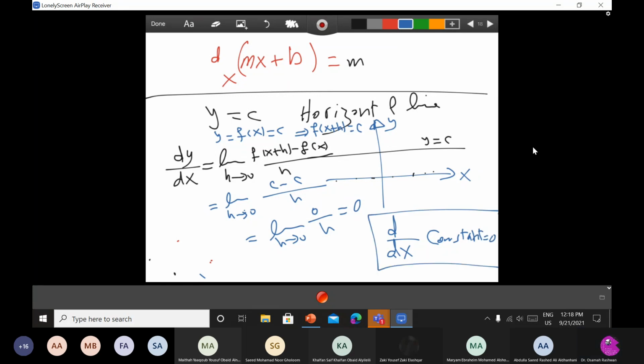Okay. Now let's go to find the first derivative of y equal to x squared. I call y equal to f of x equal to x squared. Next, I will have f of x plus h, because I move over from x to x plus h, equal to x plus h squared.